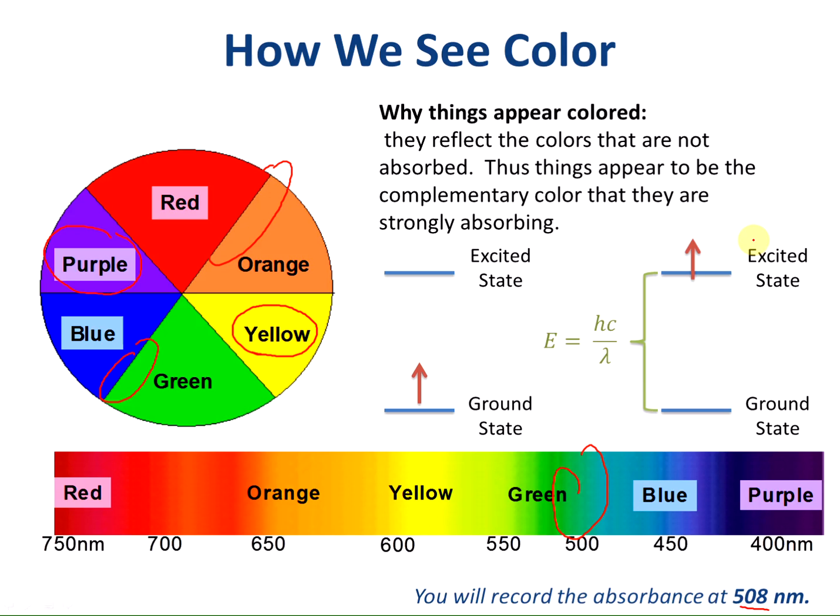The key thing we want you to take away is that colors are caused by electrons being excited, and that excited electron has to be excited by energy, and there's a wavelength of light associated with that energy of light that's being absorbed. And the color that we see is the complementary color of the light that's being absorbed, because we see the light that's being reflected back.